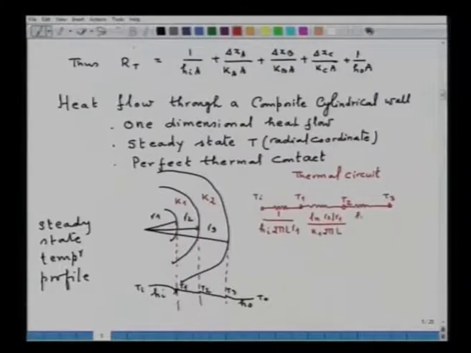So, this resistance is ln R3 upon R2 divided by K2 2 pi L, and ultimately through the surrounding, this is the T0, and here it is 1 upon H0 into R3. Note this refers to the diameter or the radius of the wall that is facing the surrounding. So, now it is very simple, all the resistances are additive because they are in series.